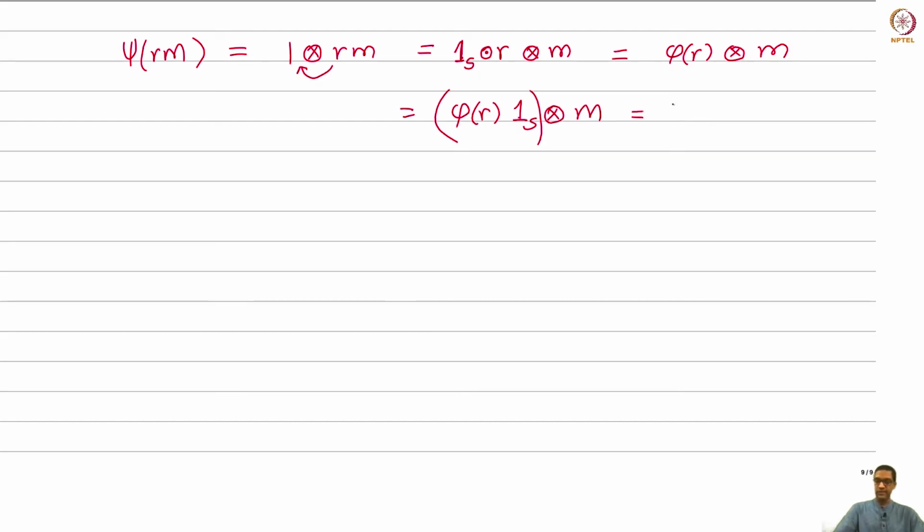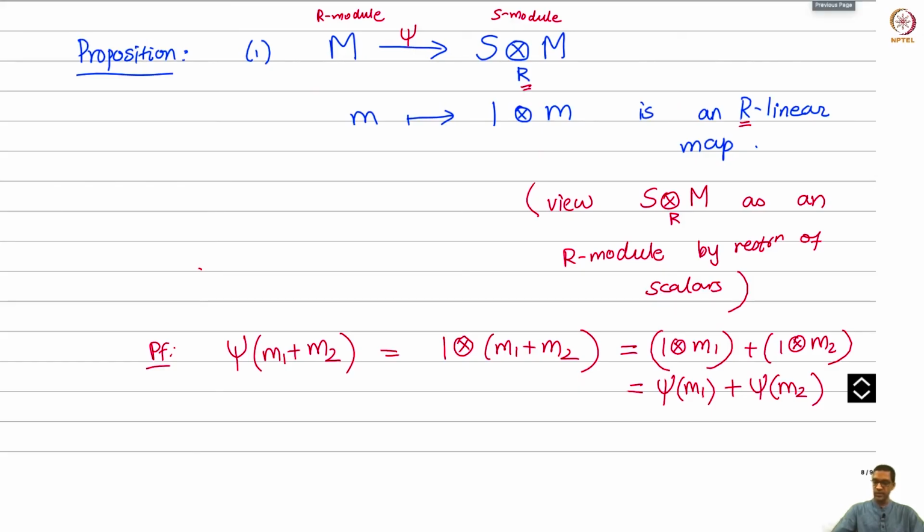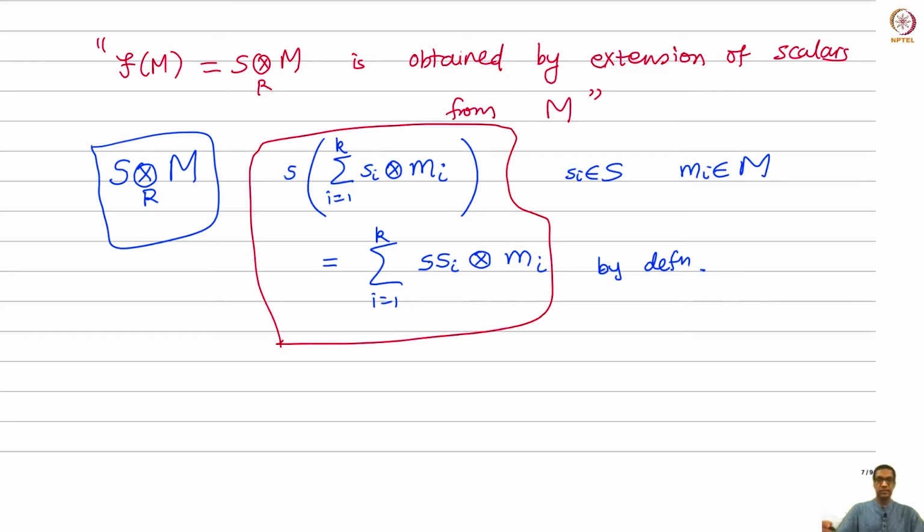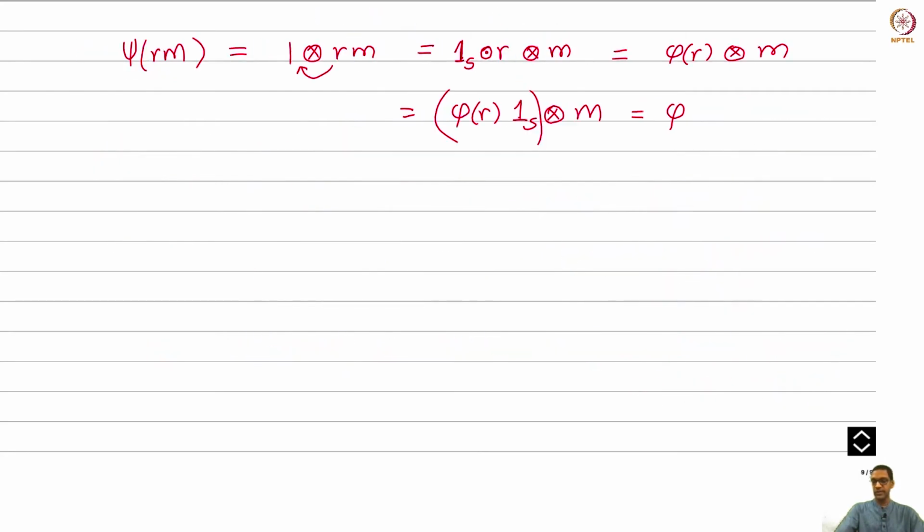But recall, that's exactly how the S module structure is defined, right? How did we define the S module structure? We said if you want to multiply some element by S, you just multiply the first components of all the tensors by S. So here, if I take phi R acting on 1S tensor M, I multiply only the first component by phi R. But observe, phi R is just the R action via restriction of scalars.